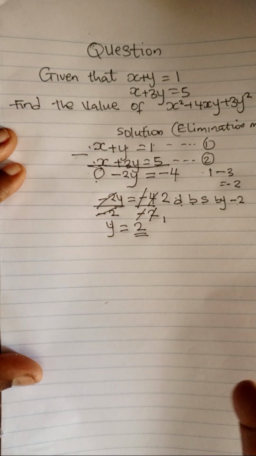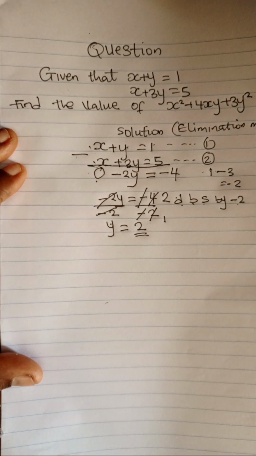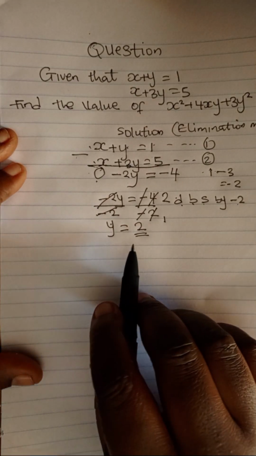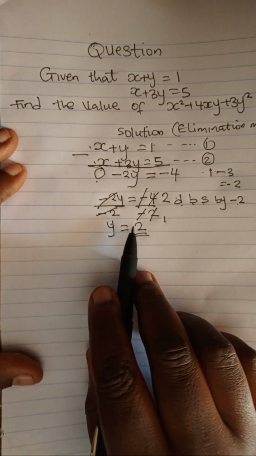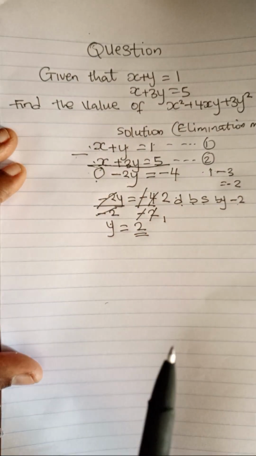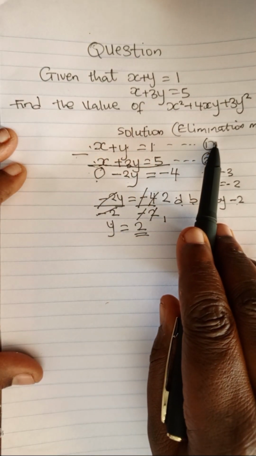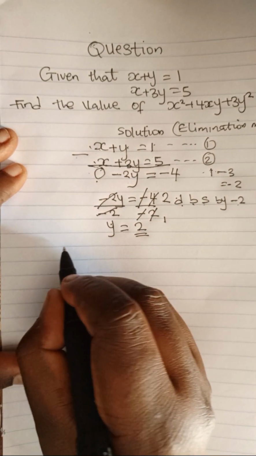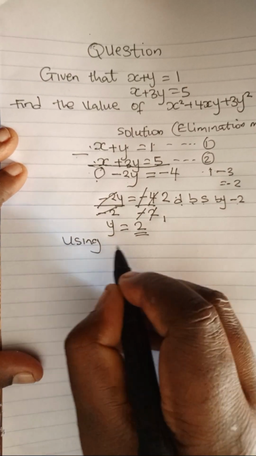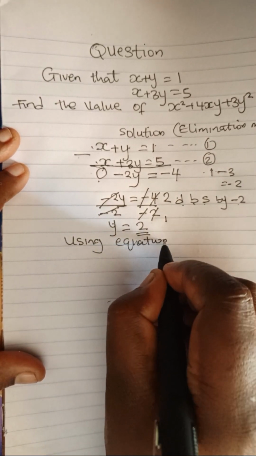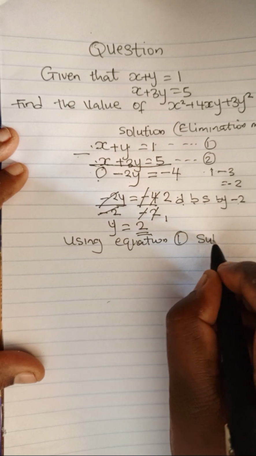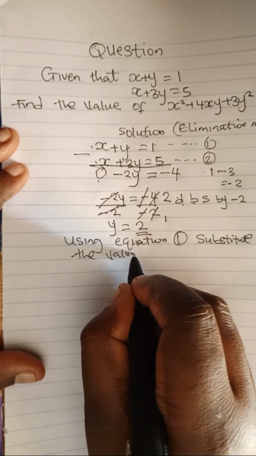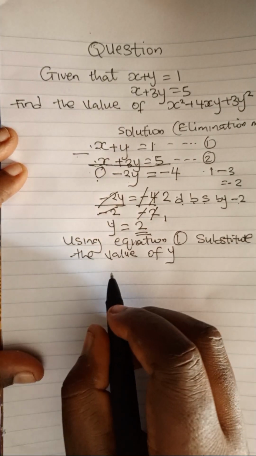Remember, we are looking for the value of x and also for y. We've gotten the value for y. All we need to do is to substitute the value of y into any of the equations. Remember, we labeled equation 1 and equation 2. So we can decide to pick equation 1.